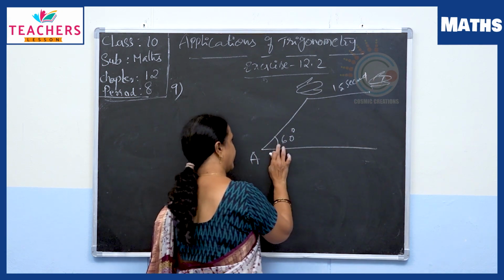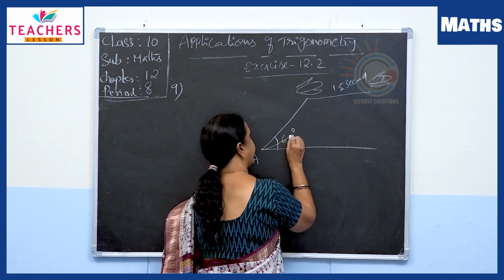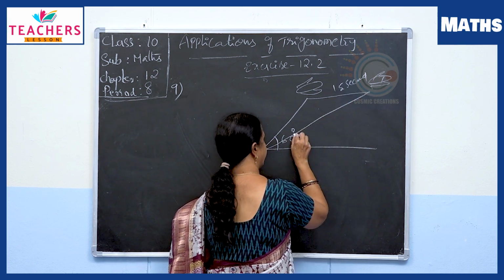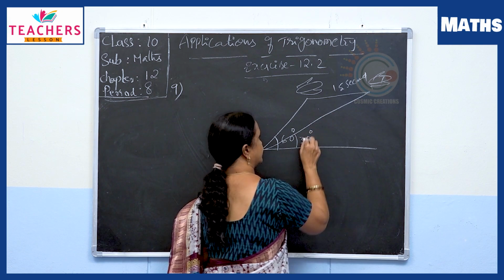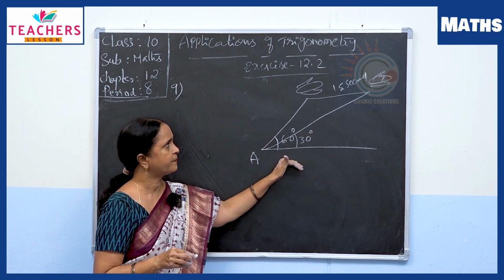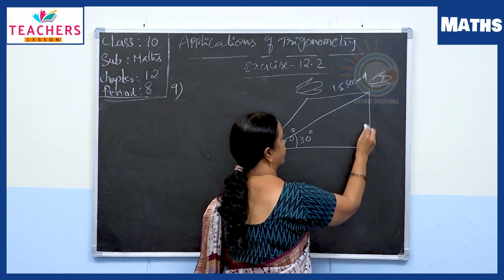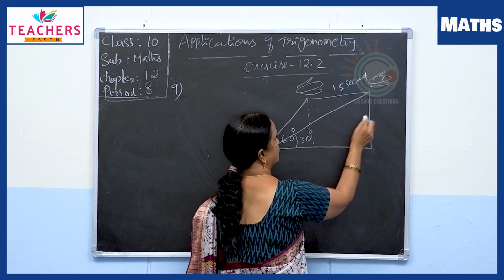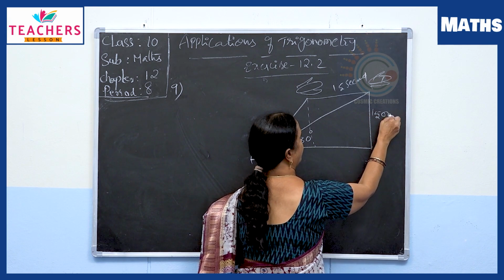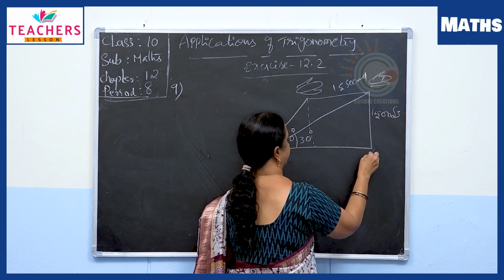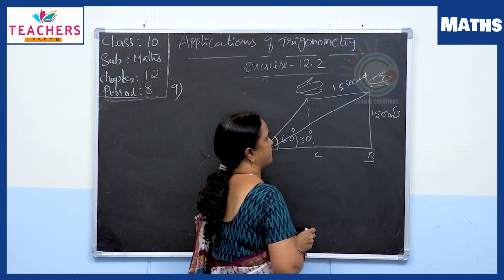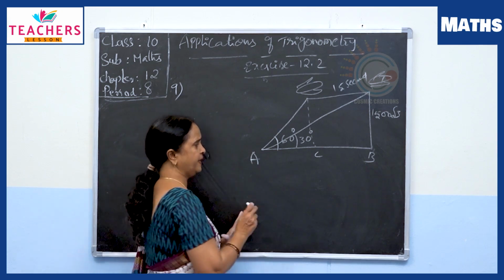But from here itself, again the angle of elevation is 30 degrees. If the jet plane is flying at a constant height of 1500 root 3 meters, find the speed of the jet plane. We need to find speed.